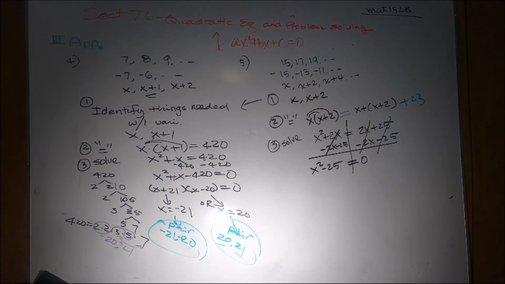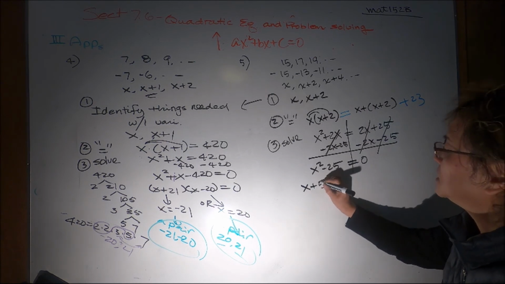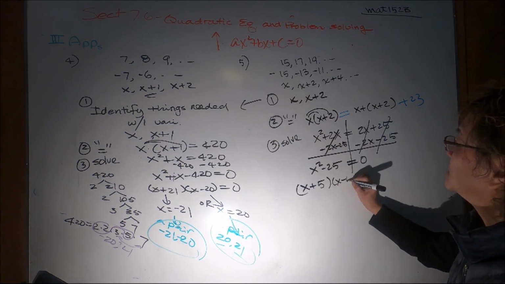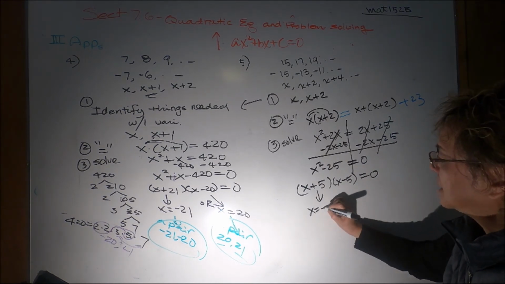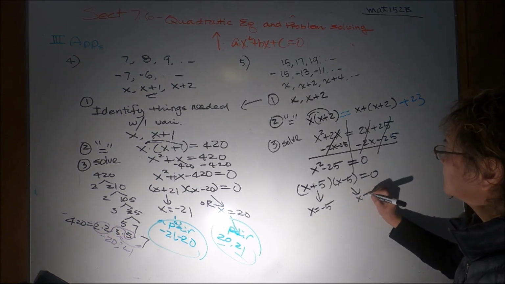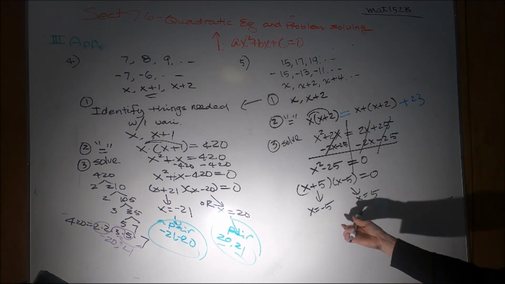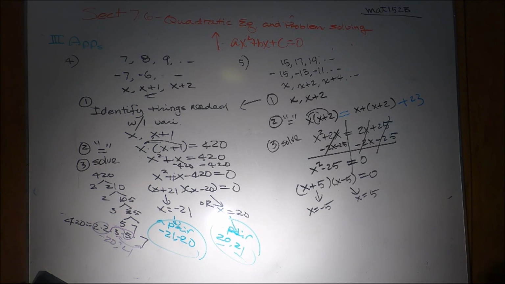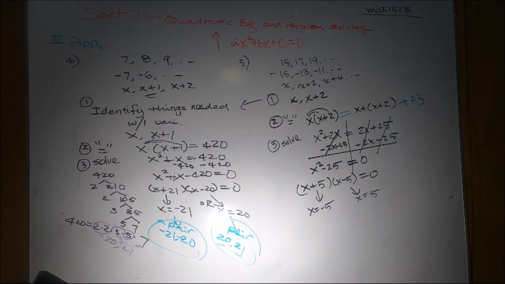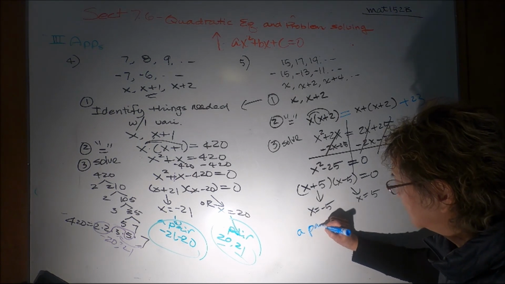Use a formula, right? The difference of two squares, that would be this one, right? So for this one, x is negative 5, x is 5. Are they the pair we are looking for? 5 and negative 5? Not really, because they are not consecutive integers. So for this one, the pair would be what?